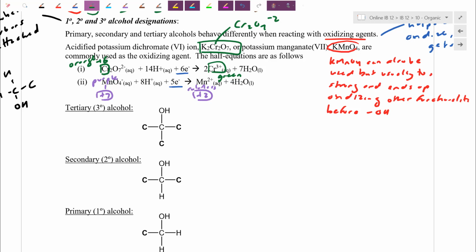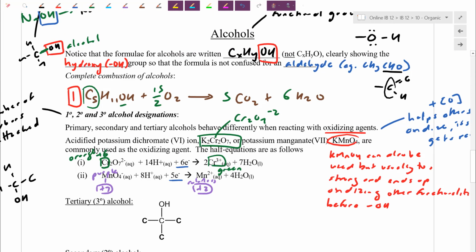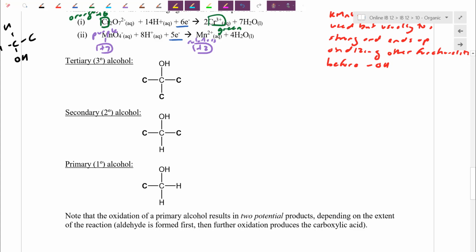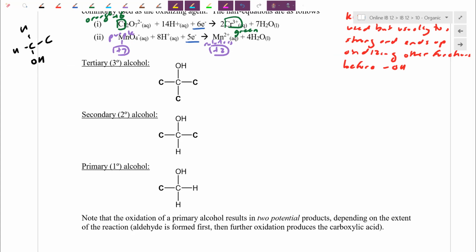Okay, so yes, in some sense even a combustion is oxidation, but that one is simple: it burns to CO2 and water. We're looking at something more interesting, what if oxidation is happening a little bit more gently with the dichromate, potassium dichromate? So we're going to start off with the least reactive. Tertiary alcohol here, again, the carbon is attached to 3 other carbons, right?